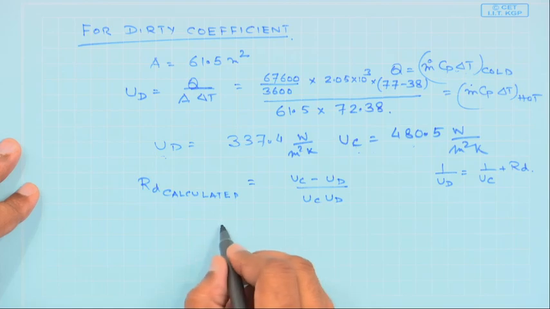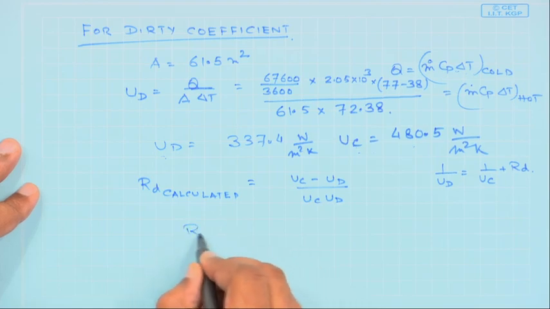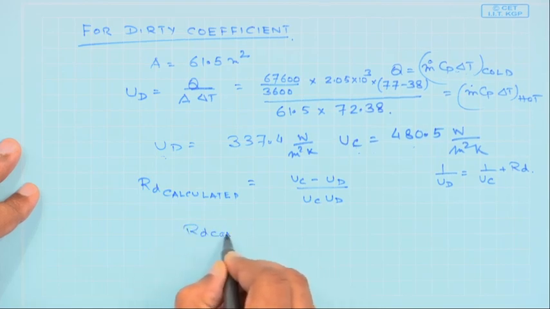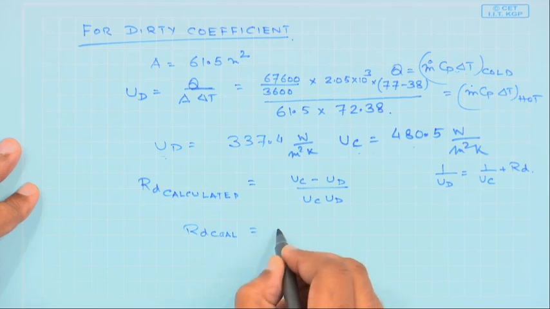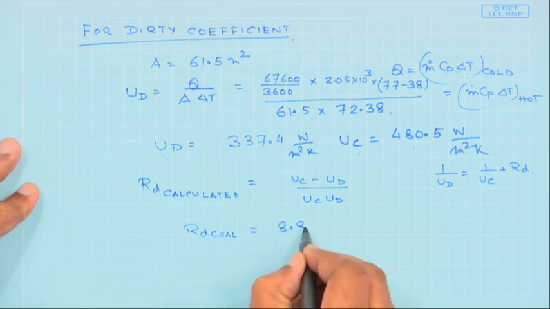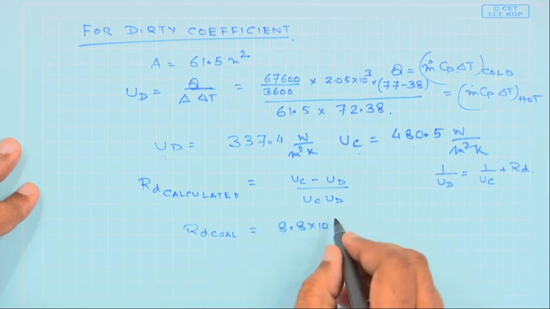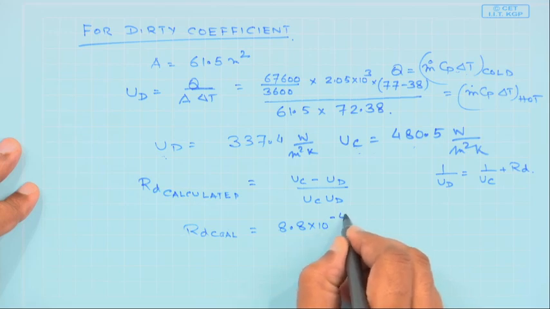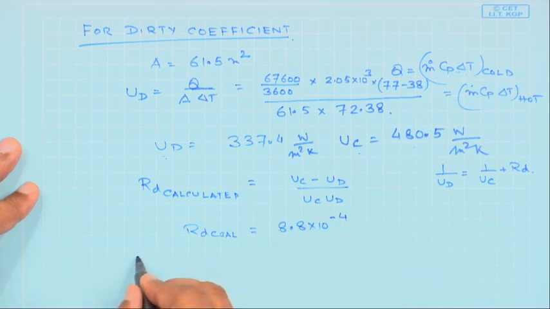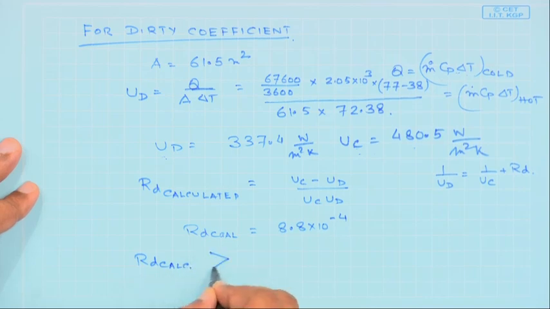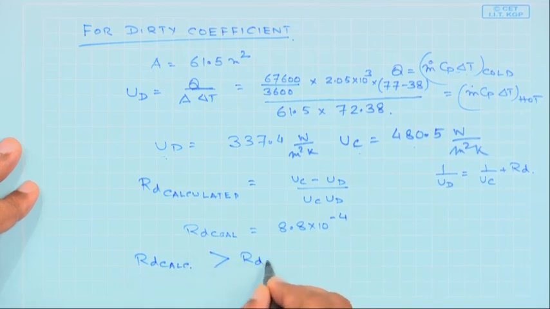and this would give rise to Rd calculated to be equal to 8.8 into 10 to the power minus 4, and we can see that this Rd calculated is greater than the Rd which is the required one.